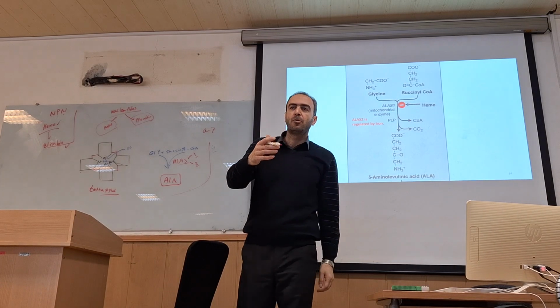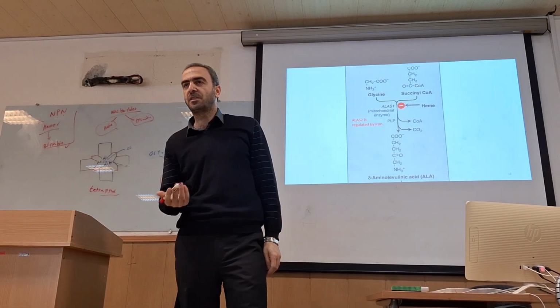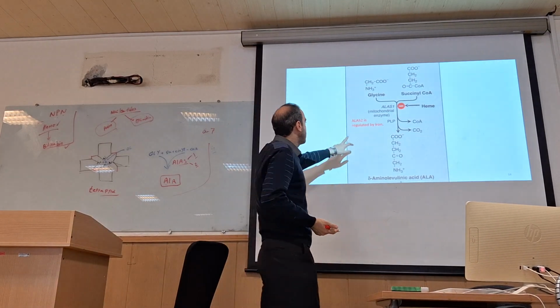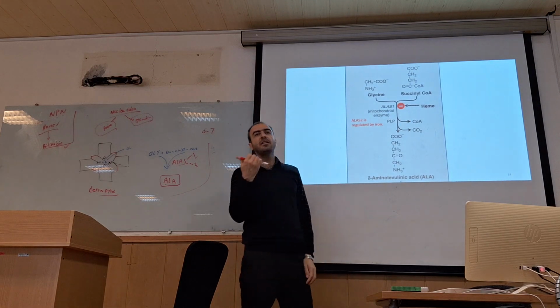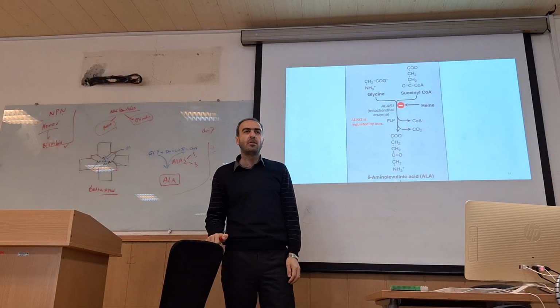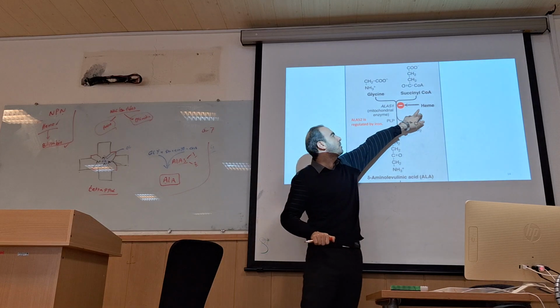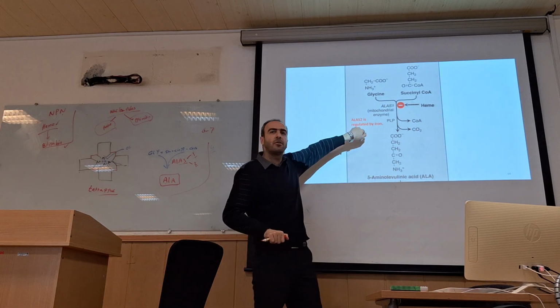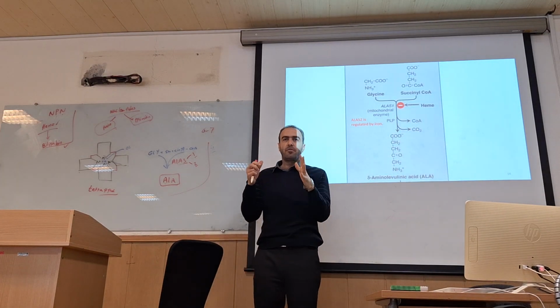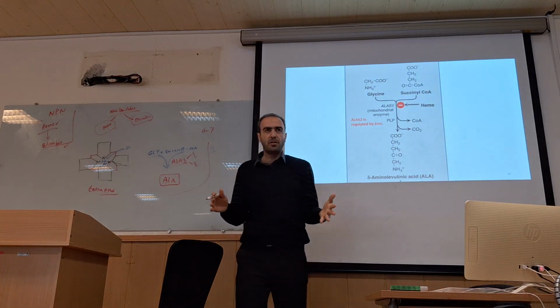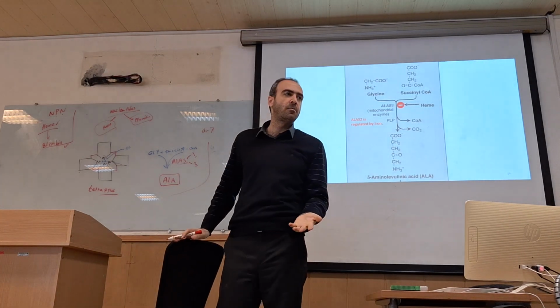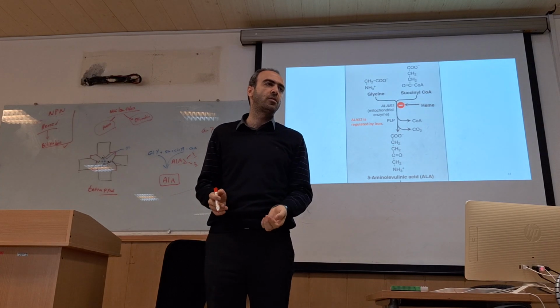In the liver, we can regulate heme synthesis. But ALAS2, which is located in the bone marrow, cannot be inhibited by heme. Just iron is important. If the sources of iron are enough, we can synthesize heme as much as we want.